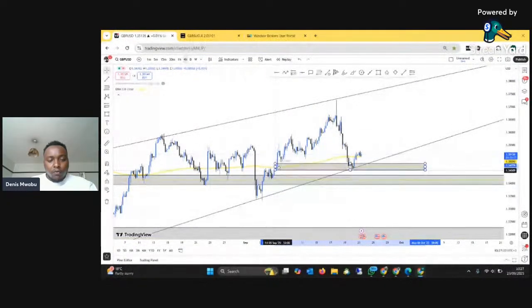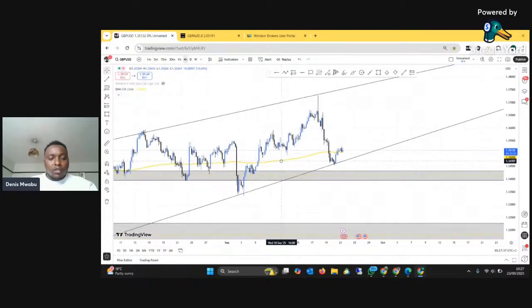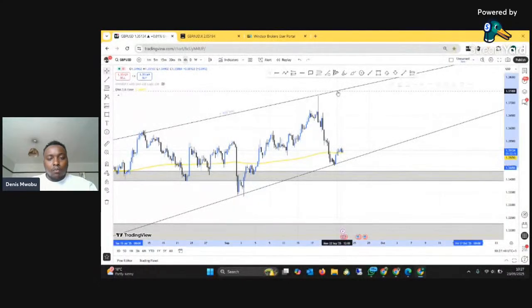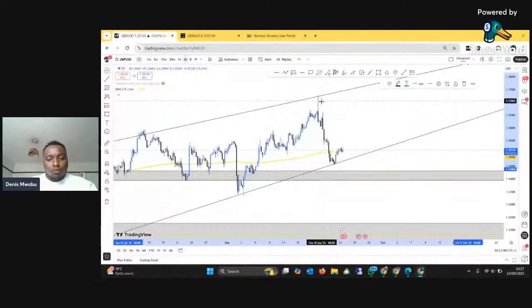If you have not watched the previous video, I explained that a supply and demand zone is a previous contrary candle that caused this move. So here we can see our previous contrary candle, which was here, caused this whole move, and price is coming back inside this particular zone.